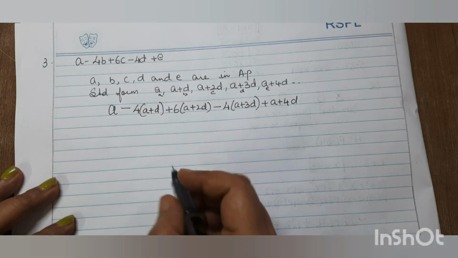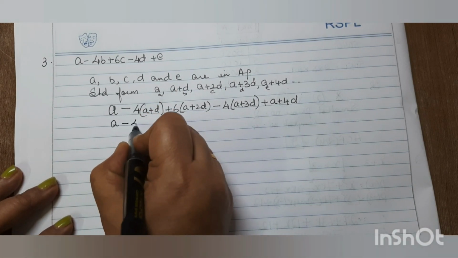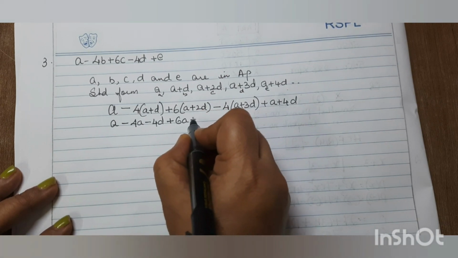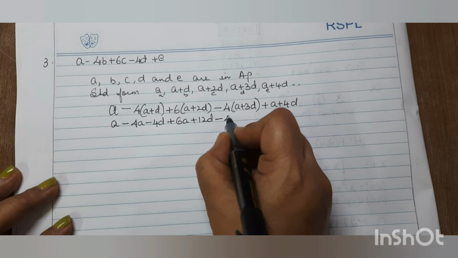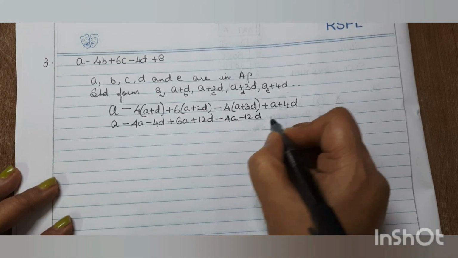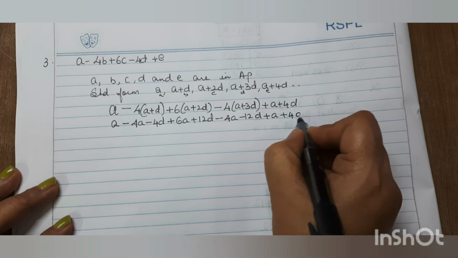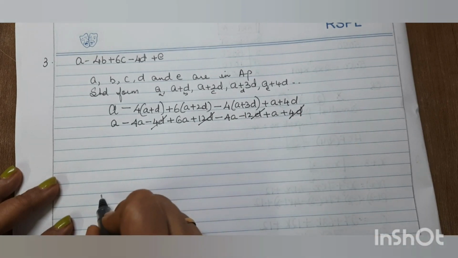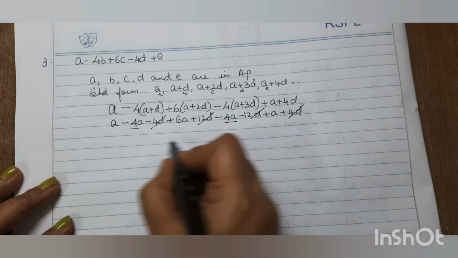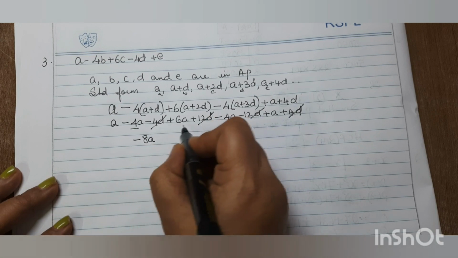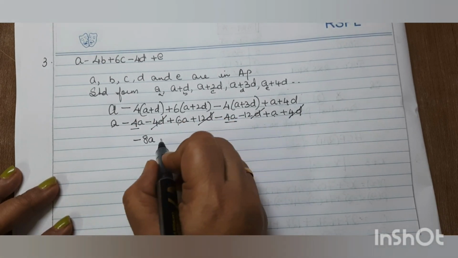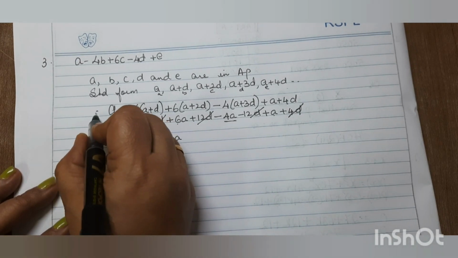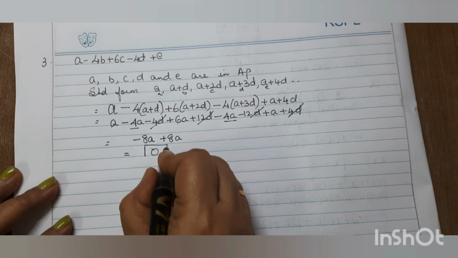So now a minus 4a minus 4d plus 6a plus 12d minus 4a minus 12d plus a plus 4d. So plus 4d minus 4d cancel, plus 12d minus 12d cancel, and for a: 1 minus 4 is minus 3, plus 6 is 3, minus 4 is minus 1, plus 1 is 0. Finally, our answer here will be 0. So the value of this expression is 0.